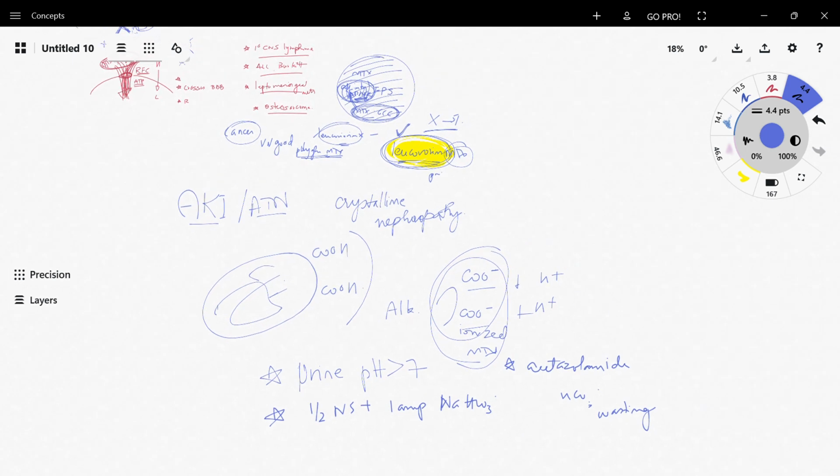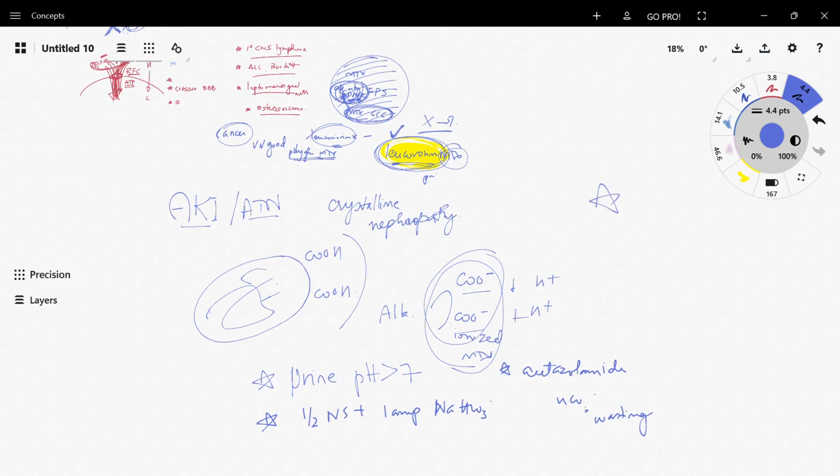And another important thing that you want to do with methotrexate is you want to keep the urine output good, right? You want to keep the urine output more than let's say 3 liters per day. Okay. So that is one of the important things.